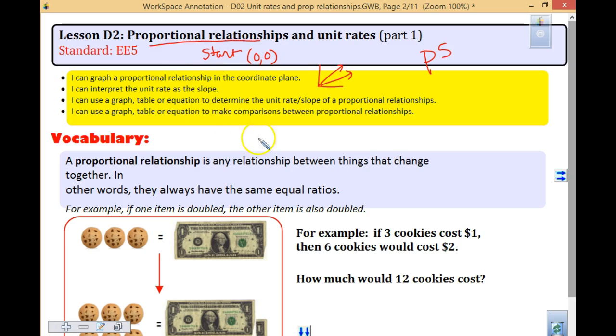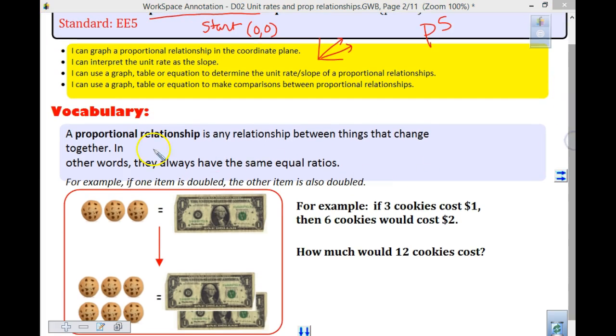We're going to be talking about their slopes in this unit. We're going to talk about tables and graphs. As we read our vocabulary for this one, it says a proportional relationship is any relationship between things that change together. In other words, equal ratios.